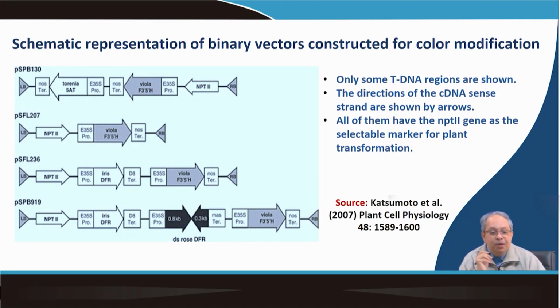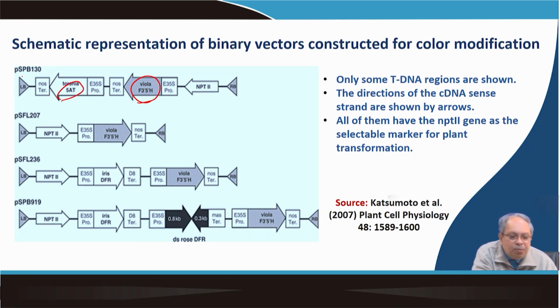Now they have made different constructs. One construct is an overexpression construct, where they took F3'5'H from viola. Viola, the name itself indicates that it produces violet color, so when there is violet color, F3'5'H is there. They also took another acyltransferase from Torenia.